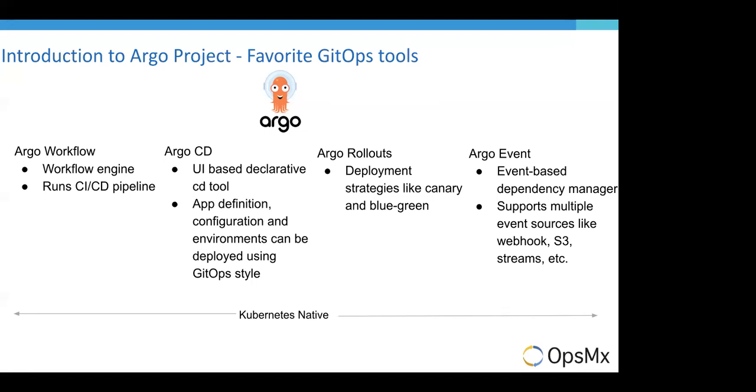This provides deployment strategies like blue-green and canary in a more controlled way. And the other is Argo Events, which is an event bus that receives events from event sources, and then triggers other components like Kubernetes objects, Argo Workflows, AWS Lambda, Slack, etc.